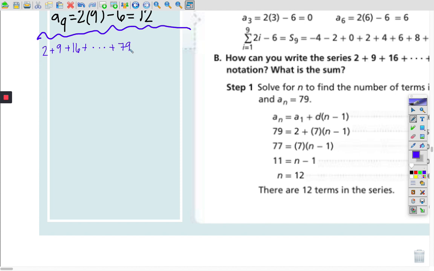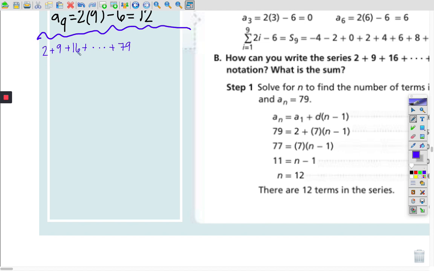Well, in order for us to figure out that sum, we have to figure out how many terms there are. So what we are about to do is figure out our common difference, our first term, and our last term, plug it into our explicit definition, and then we'll be able to solve from there. So how do I go from 2 to 9?